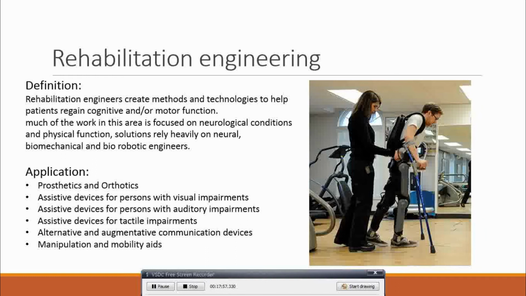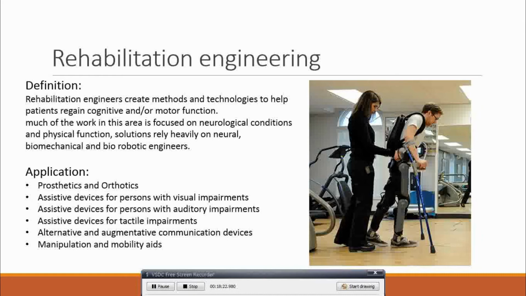Jadi orang ni dia perlukan satu cara macam mana dia nak buat training supaya kaki dia tu boleh regain function. So apa boleh buat? Pernah tengok tak orang buat macam dua rail besi yang orang pegang berjalan daripada depan sampai ke belakang, lepas tu patah balik. Tu adalah salah satu contoh alat yang mudah yang rehabilitation engineers buat ni.